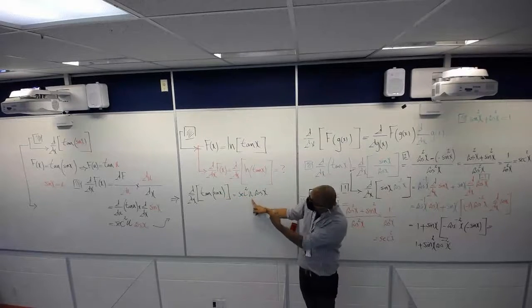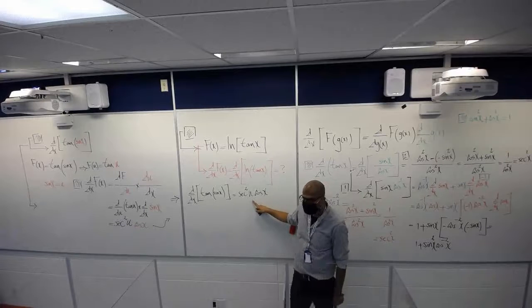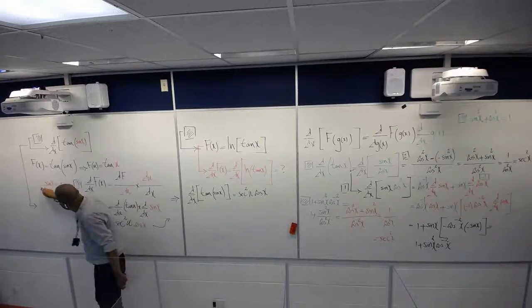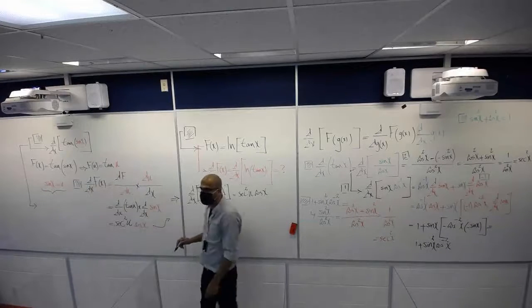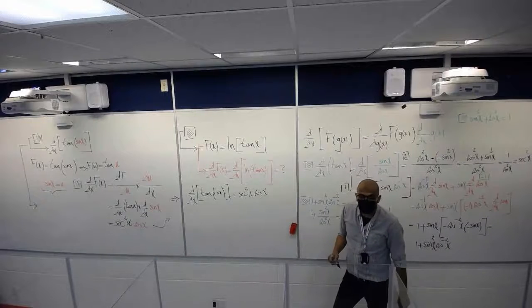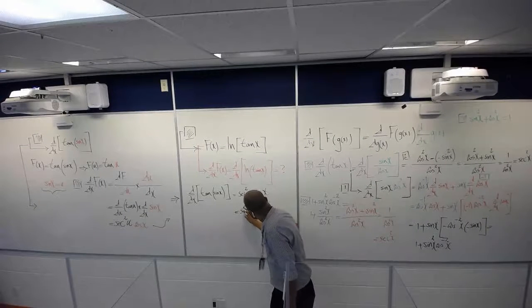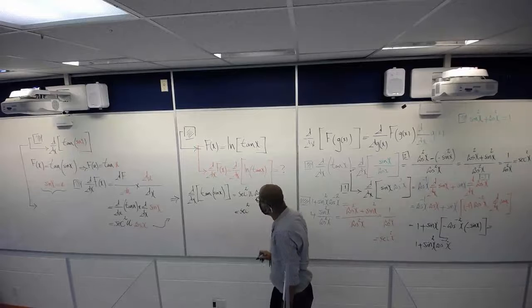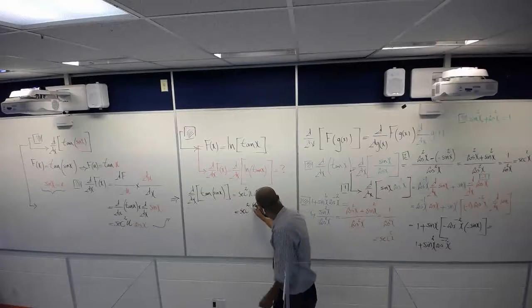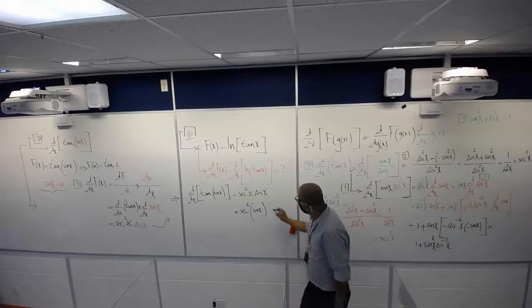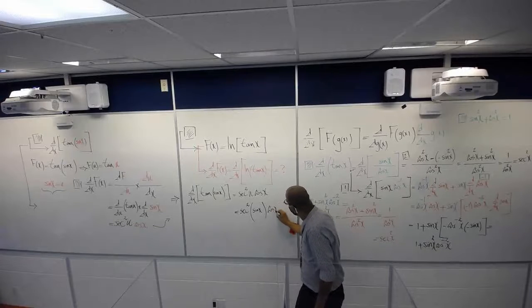Wasn't the baby sine x? I say yes, let's bring back the baby. Let's not call it u. Then it becomes secant squared of sine x times cosine of x. And now we are done.